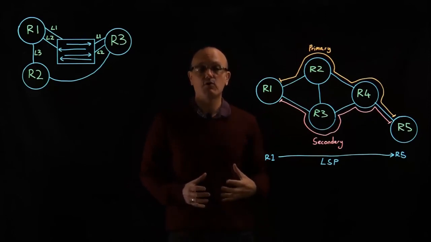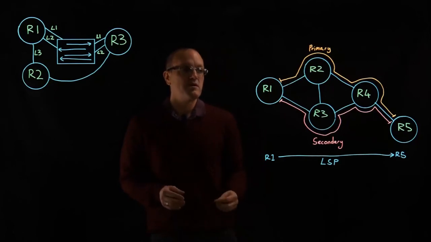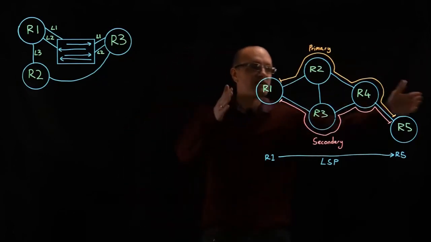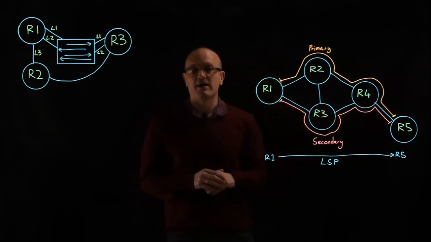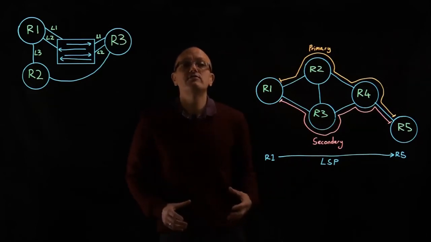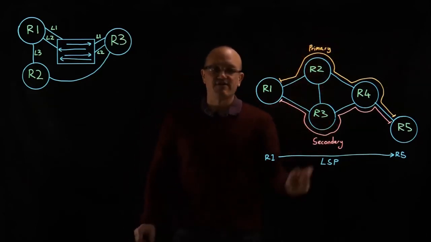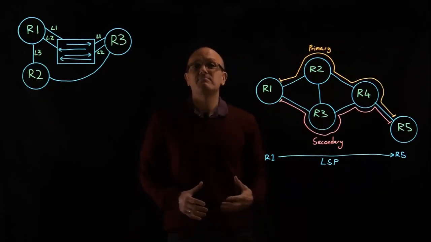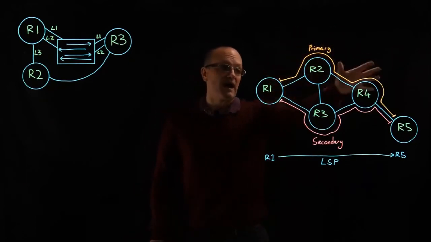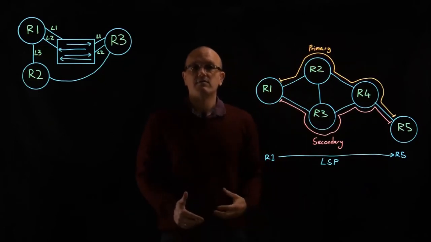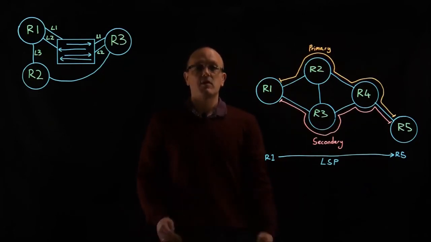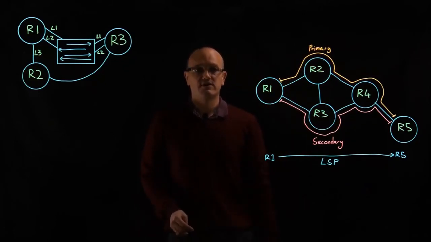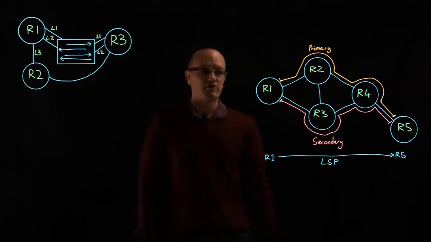So this is all well and good, and it does dramatically reduce the amount of downtime, particularly if we have a very large geographic span of our network. When you configure primary and secondary paths in Junos, you can explicitly specify the paths that these LSPs need to take, but you can also let the router do the path computation for you.